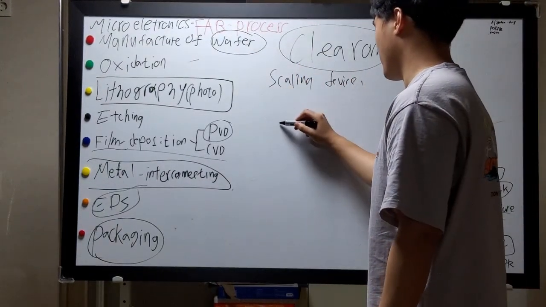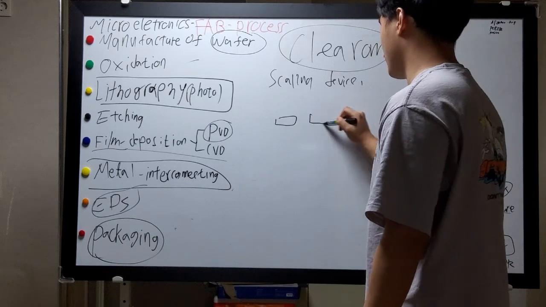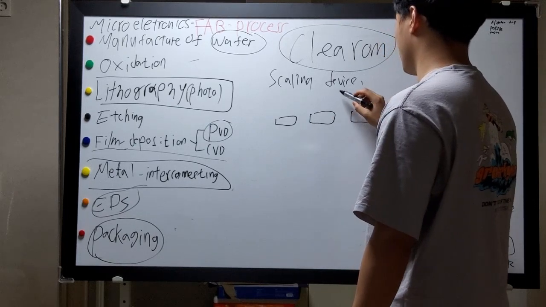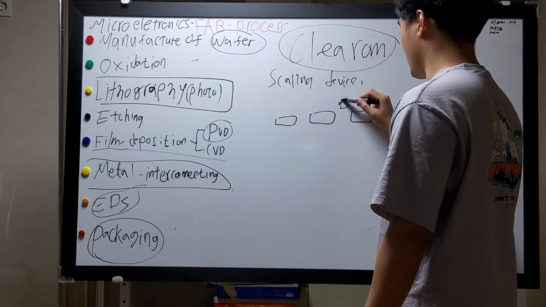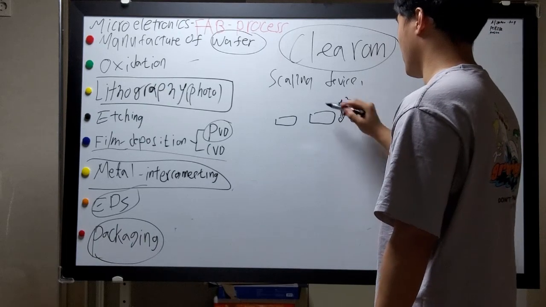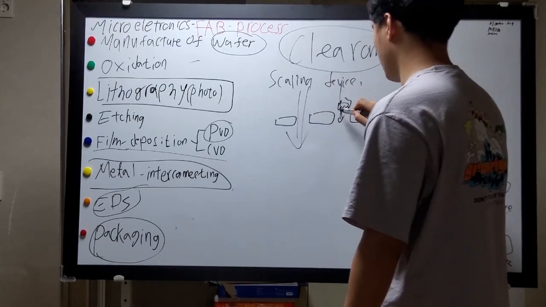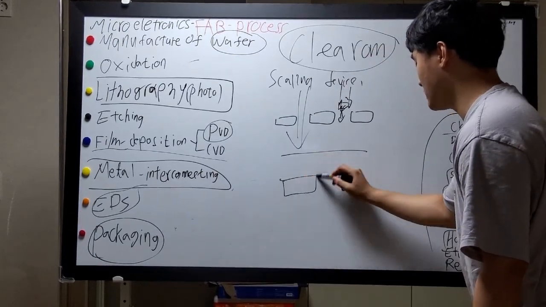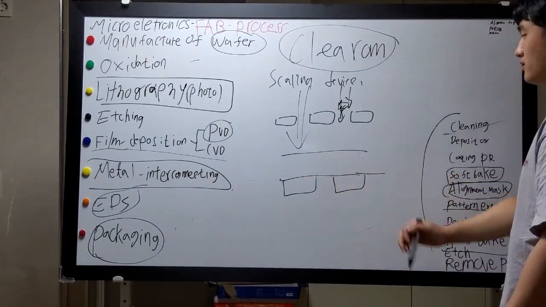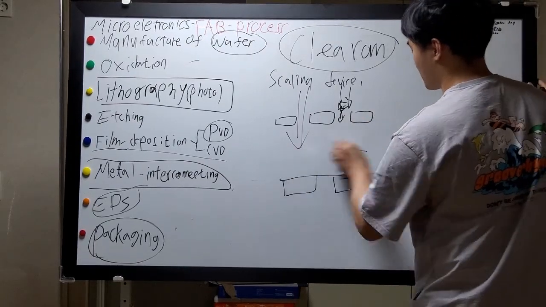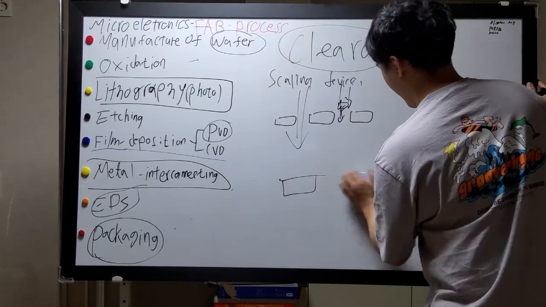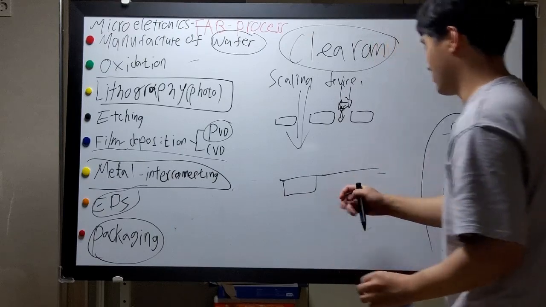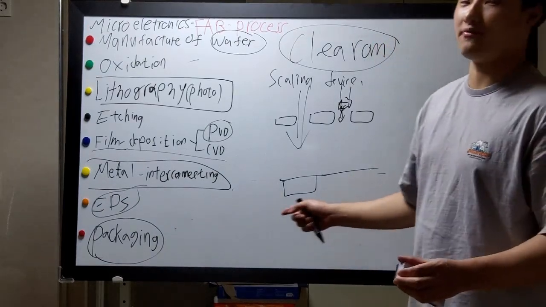So let's say here is some pattern. And suddenly, a dust came here. Then, with the light, the intended original sample was like this, but the dust blocked the light. Then the final fabrication will be like this, affecting the reactance of the light of the PR.